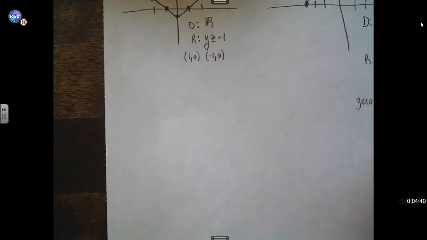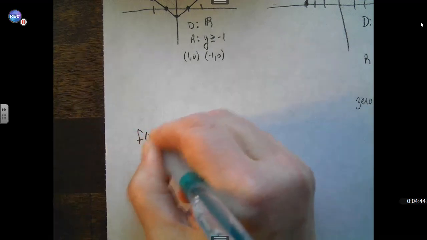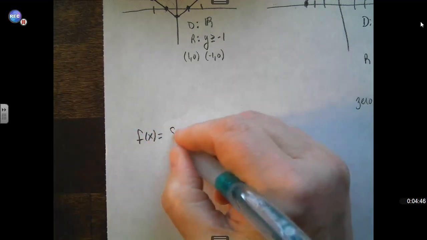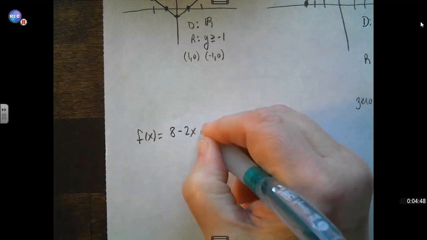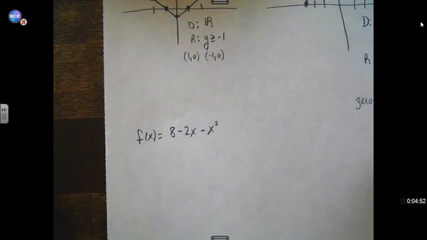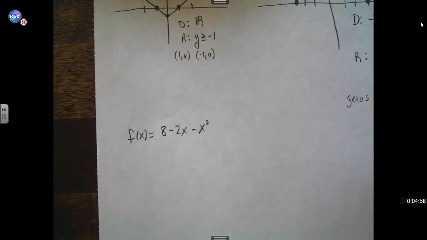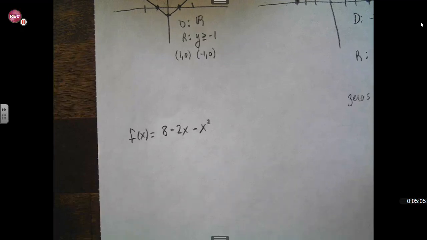Okay, for part 2, it says, let f of x equal 8 minus 2x minus x squared. So we want to sketch the graph and then find the domain and range and zeros of the function once again.